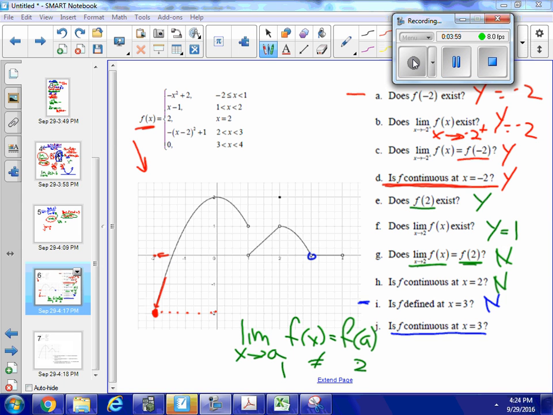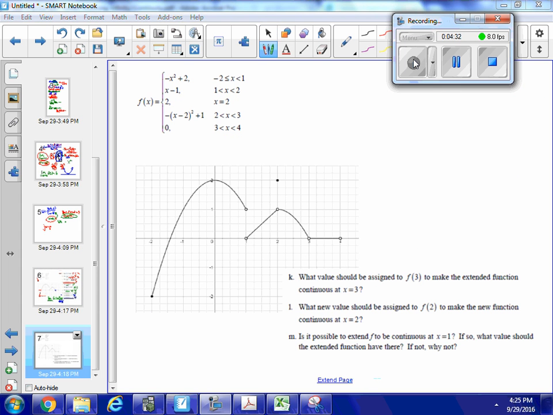Well, again, the limit as x approaches a, in this case 3, of the function has to be equal to the function at a. Well, there is no f of 3. It doesn't exist. So if it doesn't exist, then I certainly can't have a limit that equals it. It can't be continuous if it doesn't exist. It's a hole, so it's not continuous.